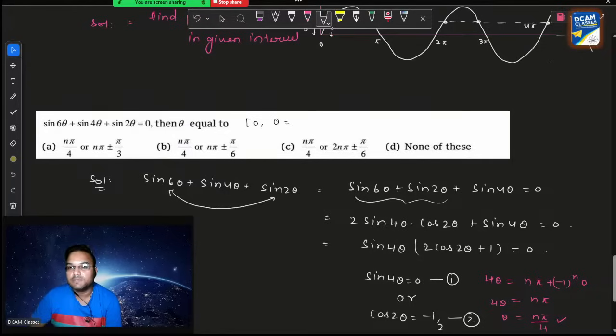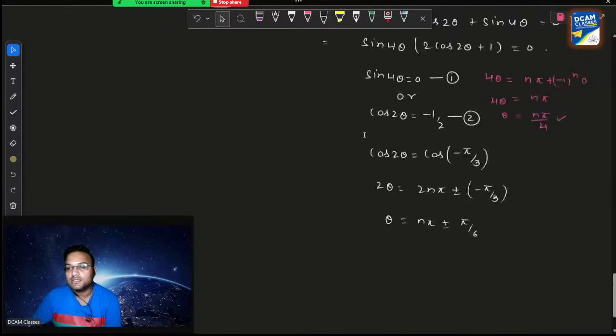Theta is positive, they should have given, then only we'll get this answer. Otherwise, if the positive is given, I'll take 2 theta is equal to 2n pi plus 2 pi by 3. Then theta will become n pi plus pi by 3.